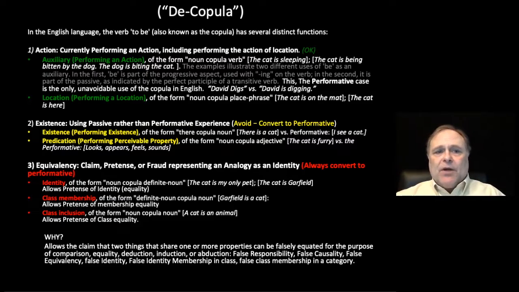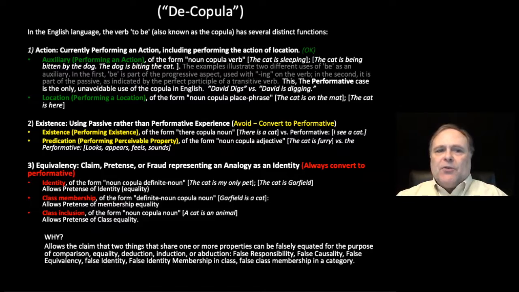The same thing with predication. So you want to say the cat is furry versus the cat appears or feels or sounds furry. The cat appears or feels furry. That's a performative statement. So performing is in place.